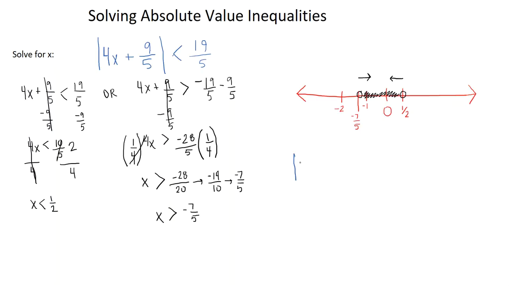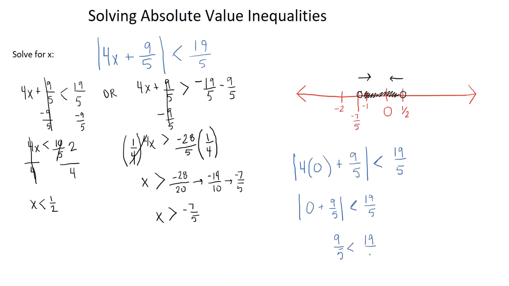So if we plug in 0 for x into the original equation, less than 19 over 5, 4 times 0 is 0, plus 9/5, less than 19 over 5, and the absolute value of 9/5 is 9/5. And this is true, which means that our answer is accurate.